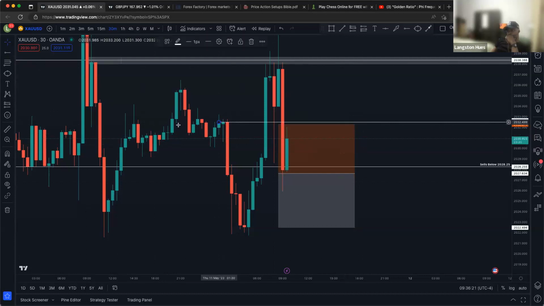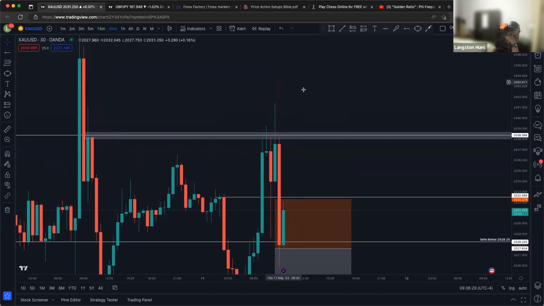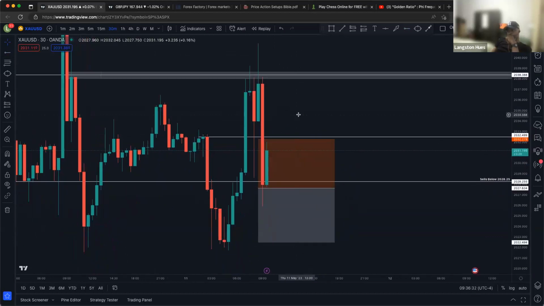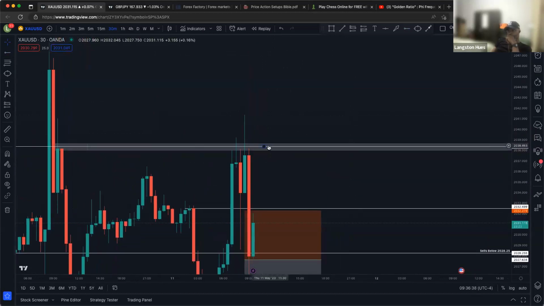You got this sort of resistance right here. You got the range we're in, the second range. If she can close above here, then I want those buys. If she closes above here, I'm interested in those buys also. But these buys, they're both clean actually. Both are very clean.